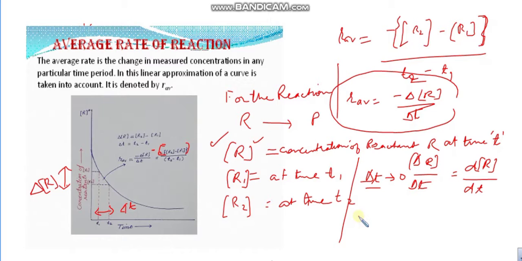So this is known as instantaneous rate, that is R instantaneous is equal to minus del R upon del t. We can write in this way.